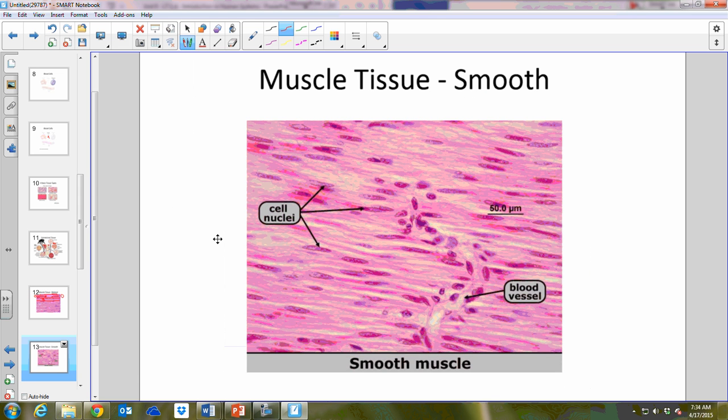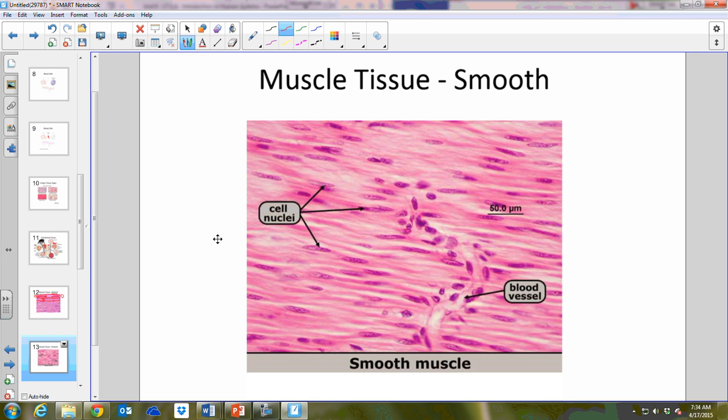Smooth muscle tissue serves a similar function, but smooth muscle tissue is found in your blood vessels. It is found in your digestive tissue linings. And its purpose is to move things through the body as well. However, with smooth muscle tissue, you don't have to think about it.